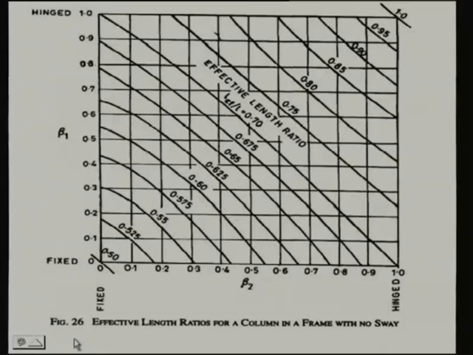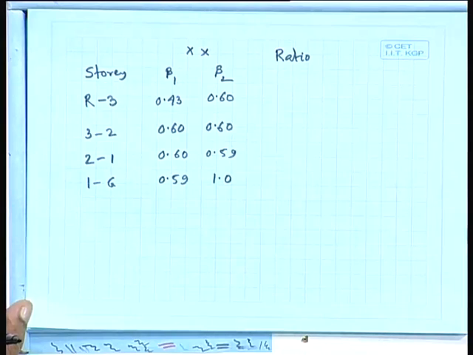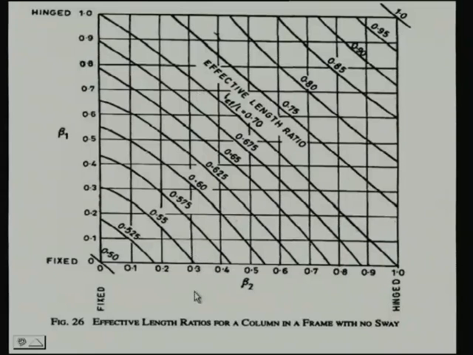So, what we do here, we have the top one, beta 1 0.43, beta 2 0.6. Beta 1, 0.43, will be somewhere here, please note, along this line, and beta 2, that is 0.6, will be somewhere here.